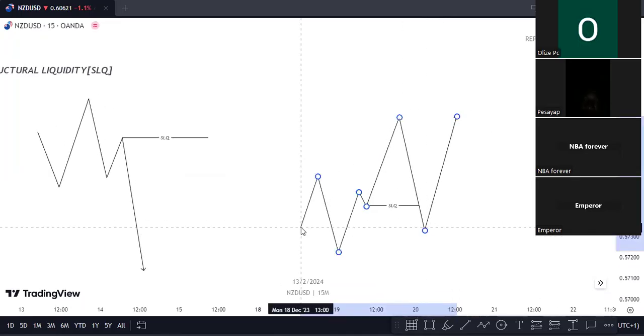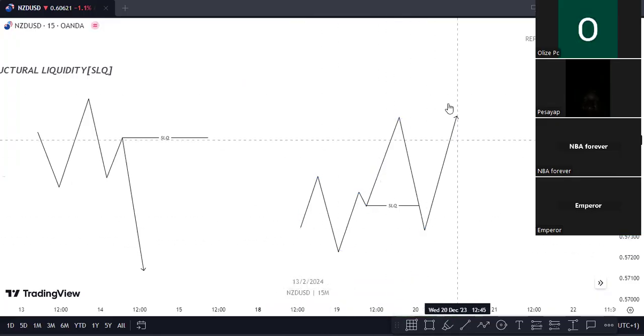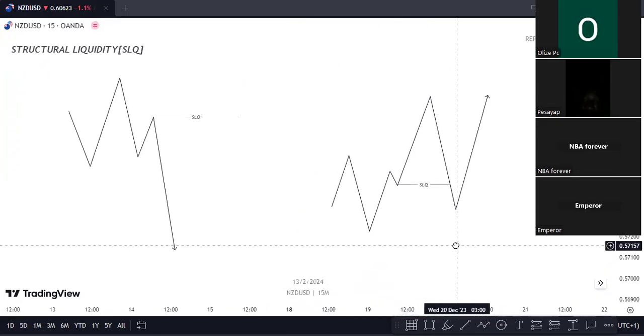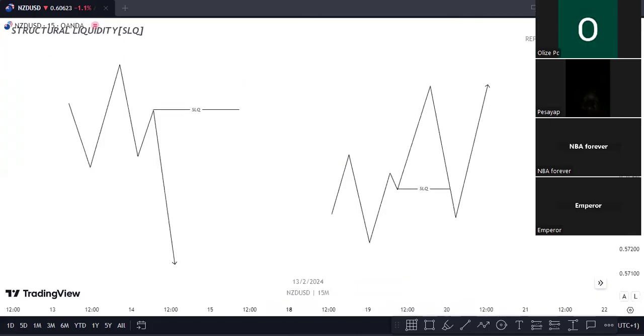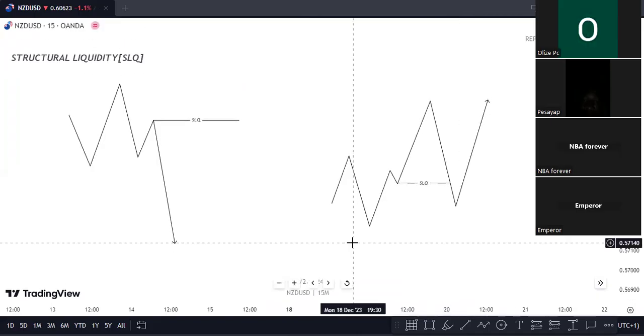We have a major rejection back to the upside. So this is our structural liquidity. Any question on this before we move on to the next one? No question, sir, on the structural liquidity.